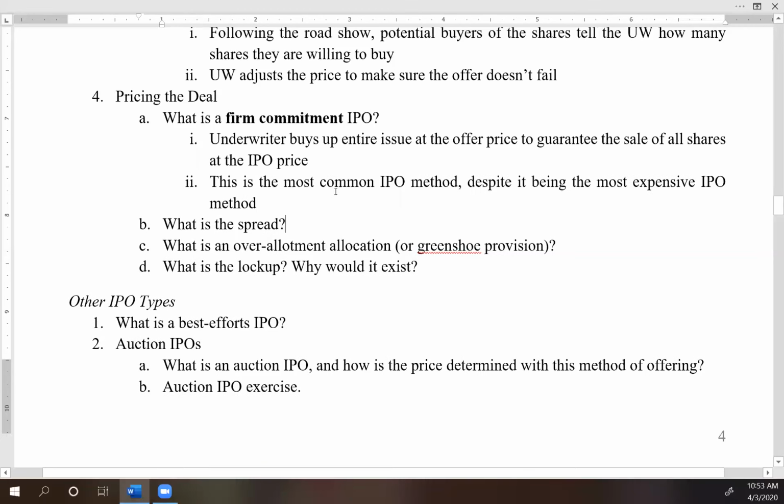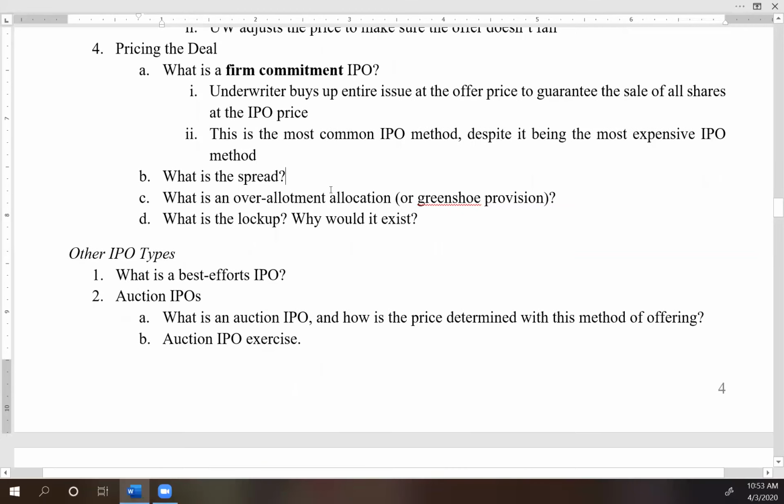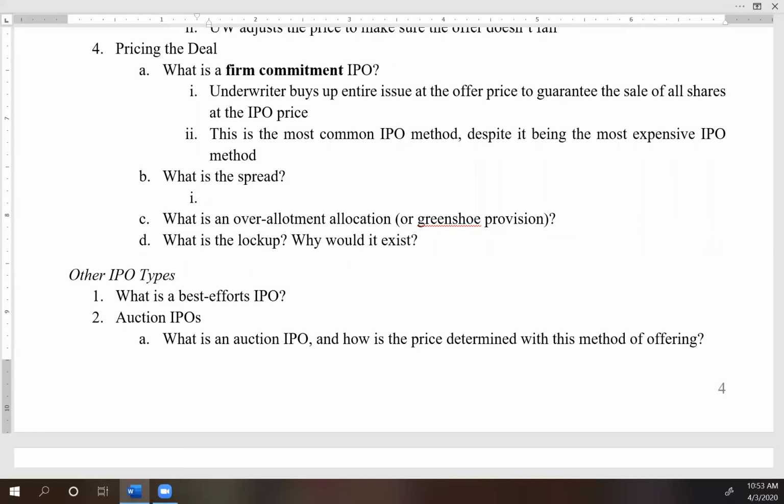So the spread on an IPO is the fee structure that the underwriter builds into the IPO. The spread is the fee that the underwriter charges as a percentage of the IPO price.